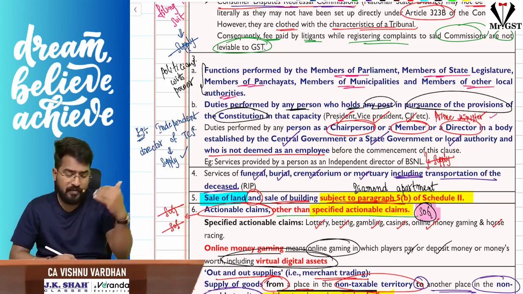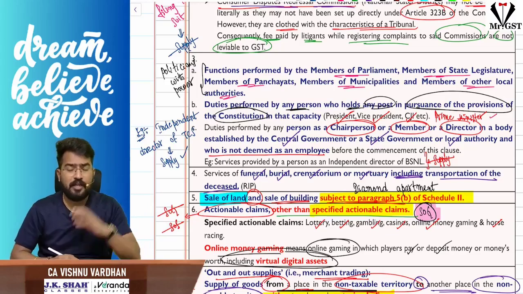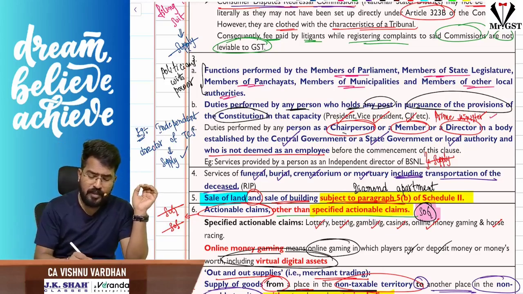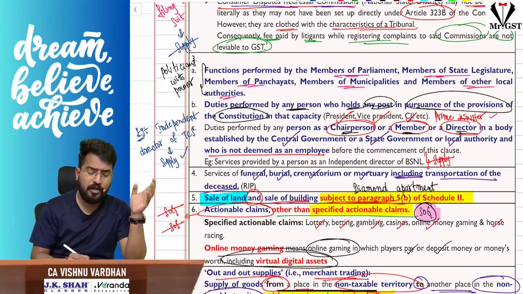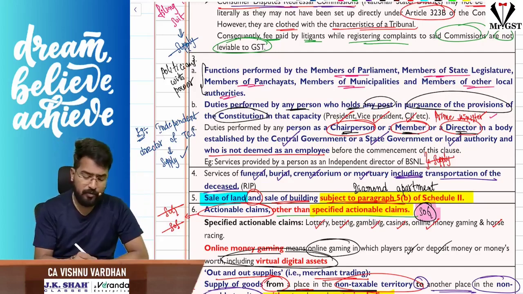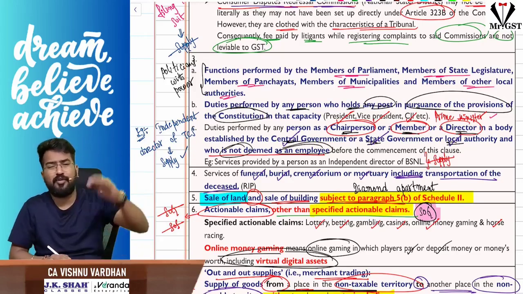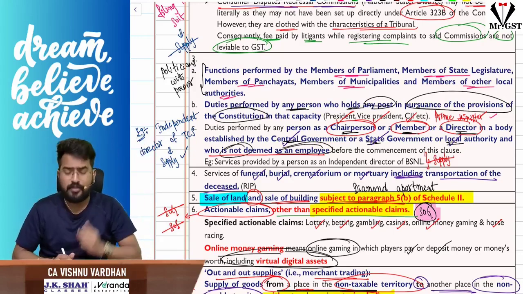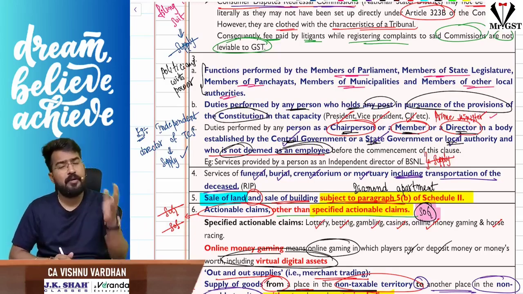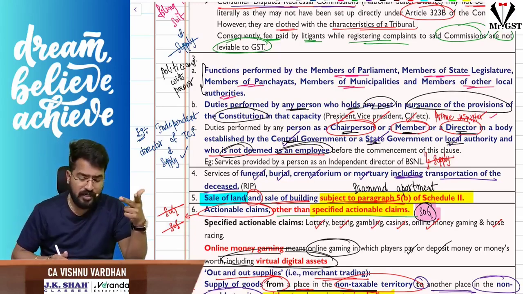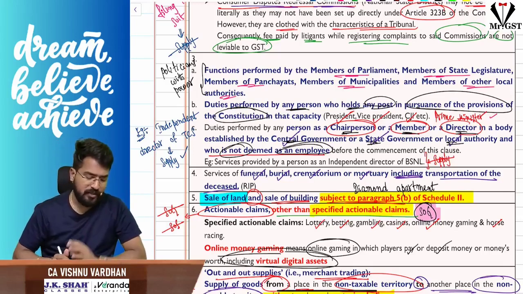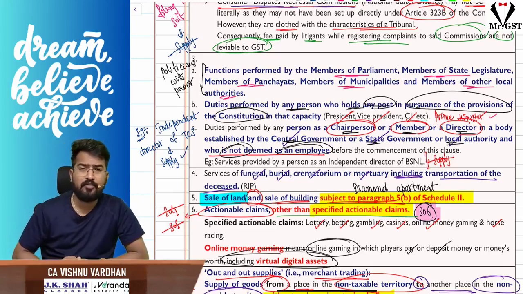The final third one is, you are acting as a chairperson, member or a director of a body established by central government, state government or local authority, and who is not deemed as an employee. If you are deemed as an employee, obviously it will come under the first category. So here you are not an employee but you are acting as a chairperson, member or a director of a government body. For example, as I told, independent director of BSNL company.